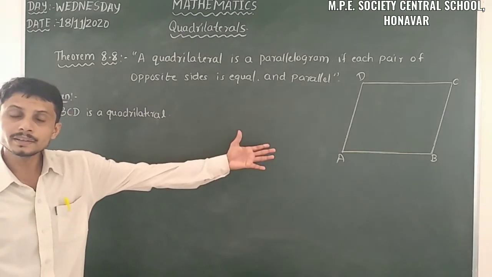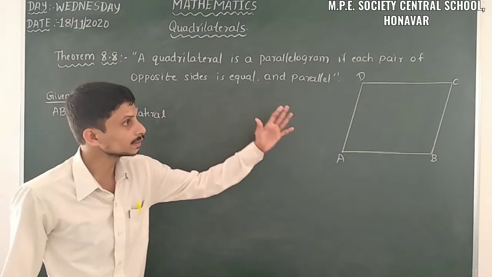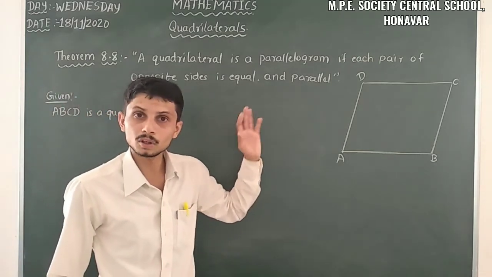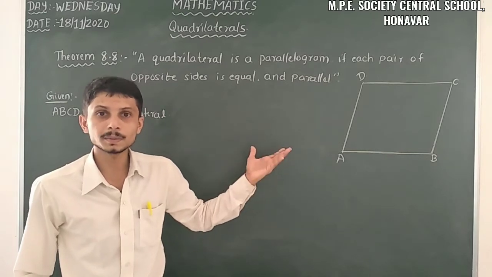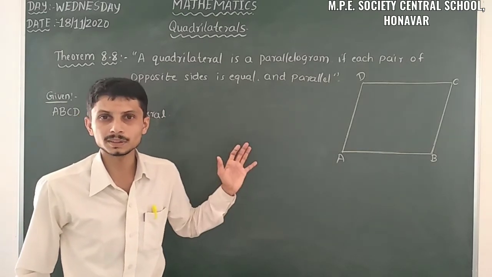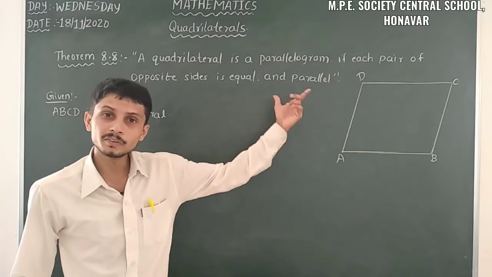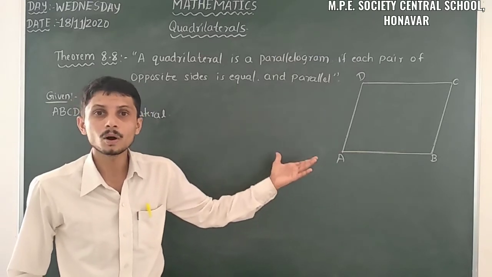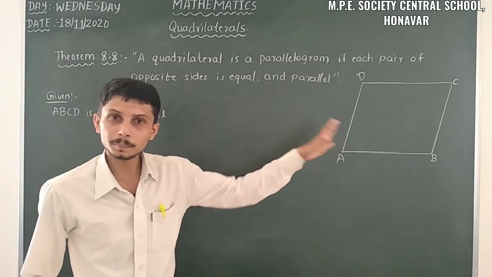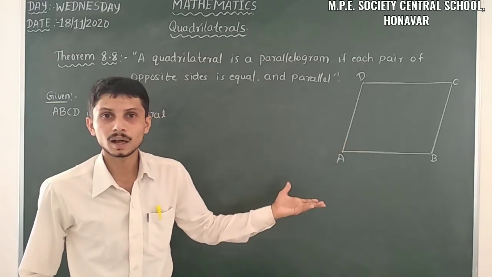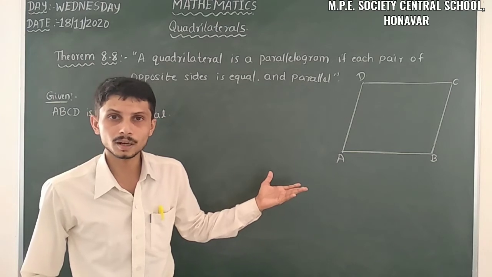Then we can take any one pair of opposite sides as equal and parallel, because a quadrilateral can be considered a parallelogram if any one pair of opposite sides is equal and parallel. Here also we take any one pair of opposite sides as equal and parallel. After that we have to prove the other pair is also equal and parallel. After that ABCD is a parallelogram.